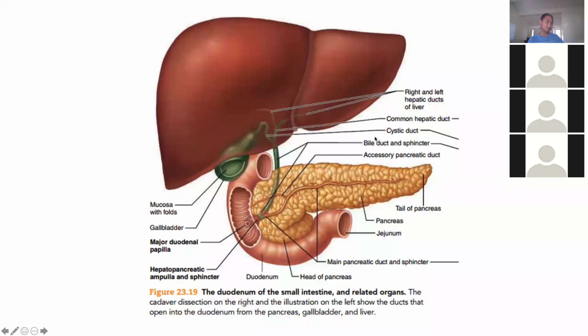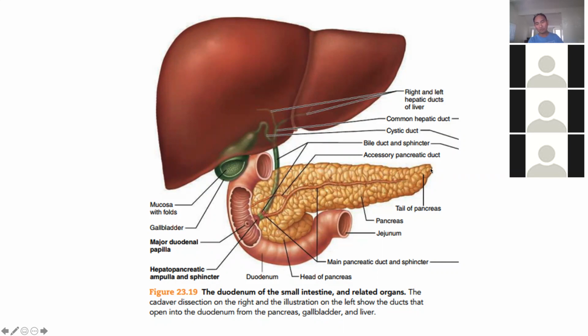Pancreas. So our pancreas is in the C-shaped loop of the duodenum, and pancreas has a head portion, which is this one, and body portion, which is here, and the tail portion of the pancreas.